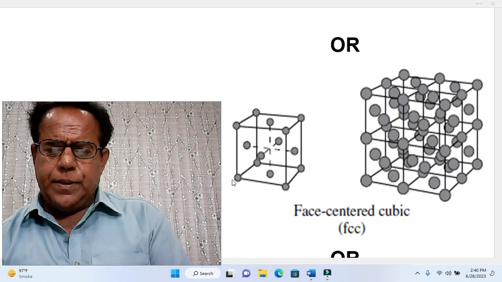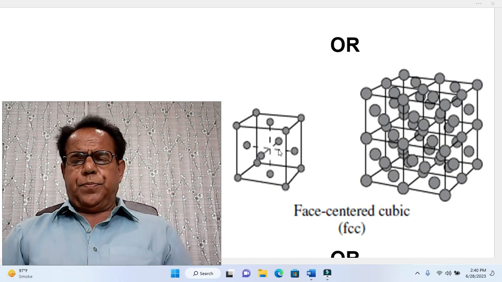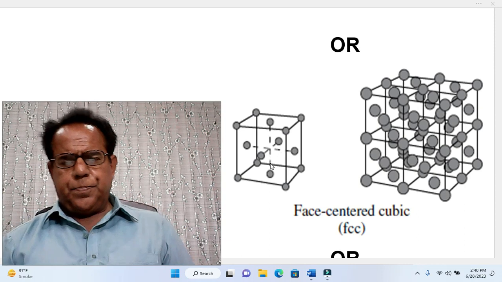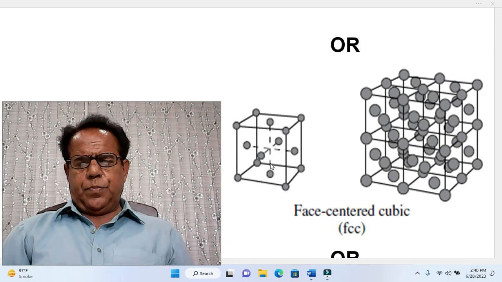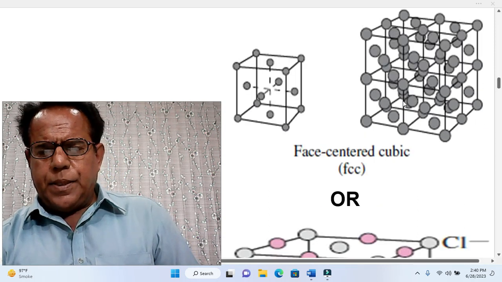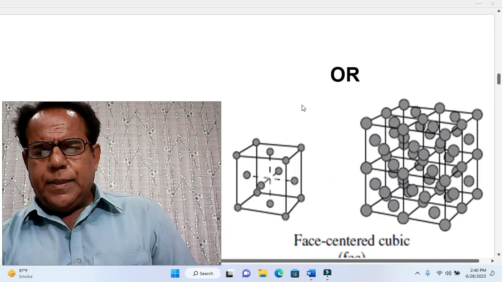If we consider this, there are 1, 2, 3, 4, 5, 6 atoms.